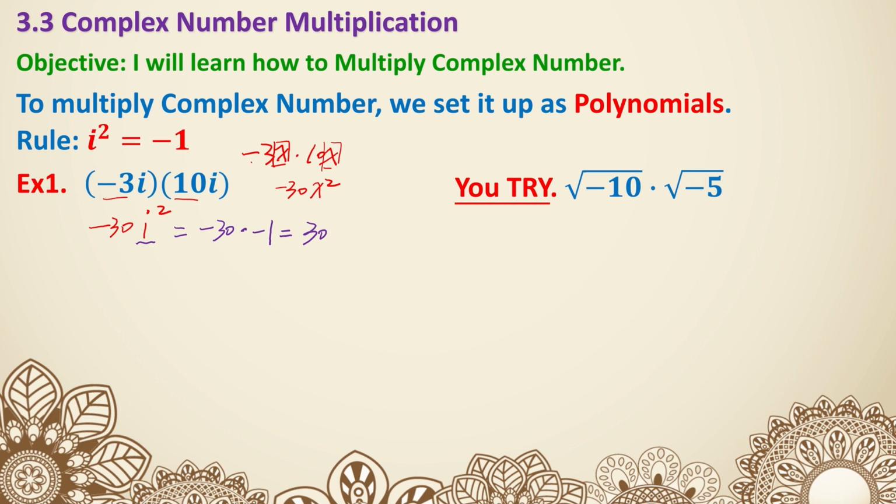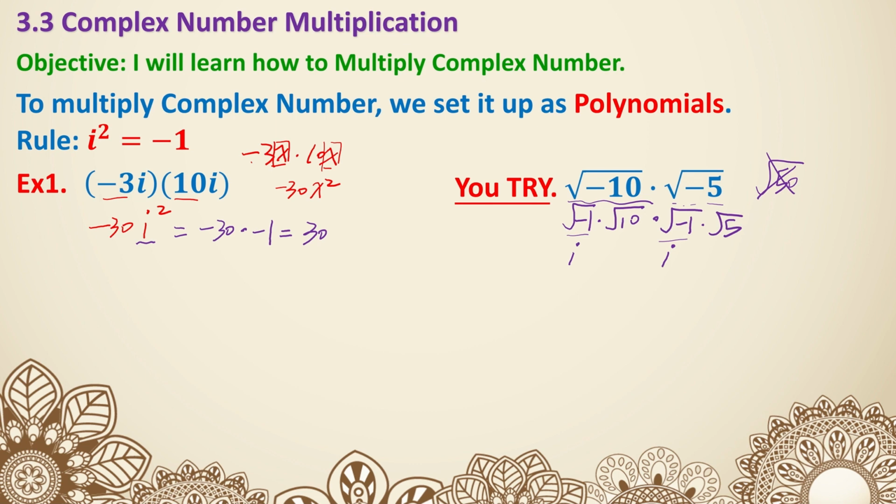Example 2. In this case, you can't just say, I'm going to multiply them and get a positive square root of 50. That's not how it works, because you have to make sure the individual ones work before you can even multiply them. So we have to treat them as the square root of -1 times the square root of 10 times the square root of -1 times the square root of 5. We multiply the square root of -1 and the square root of -1, which is i and another i.